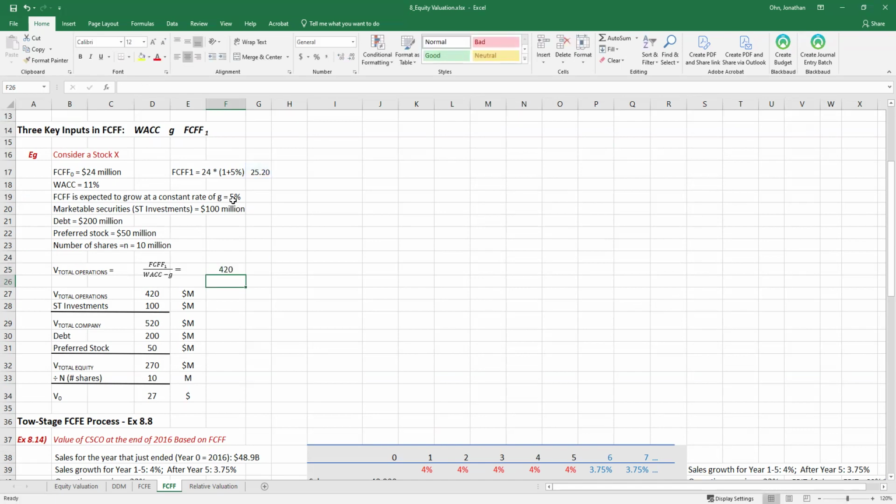If you calculate that, the value of total operations is $420 million, right?